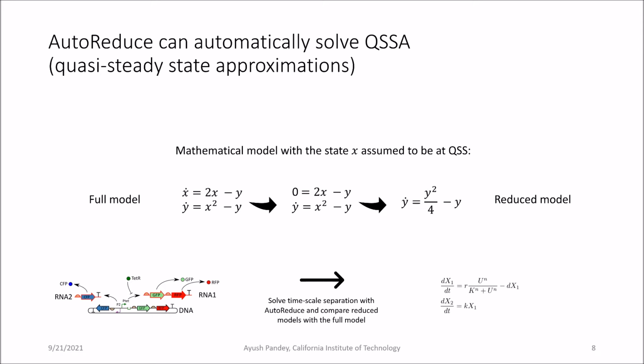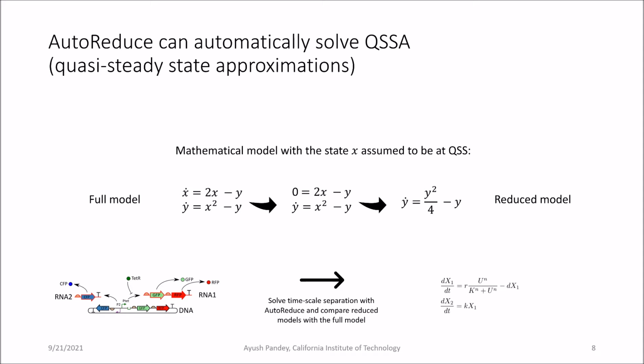If you have a model of a system, and some variables are at a time scale of 10 minutes, and certain other variables have a time scale of a few seconds, and by time scale, I mean their dynamics reach their steady states in that time period, then if I'm interested in the dynamics of the species at the 10-minute time scale, I might as well assume that the species that go to their steady states in a few seconds will not affect my slower dynamics as much.